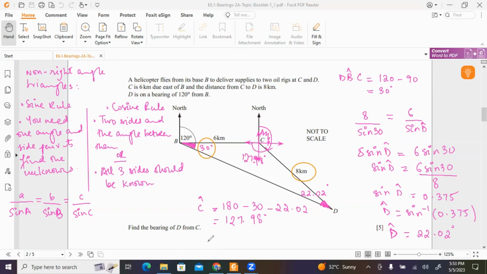So if we subtract this from 270, that gives us the bearing. 270 minus 127.98 equals 142.0. That is your bearing. So throughout this question, we applied the sine rule, then the concept of the sum of angles of a triangle, and then the concept of bearing.